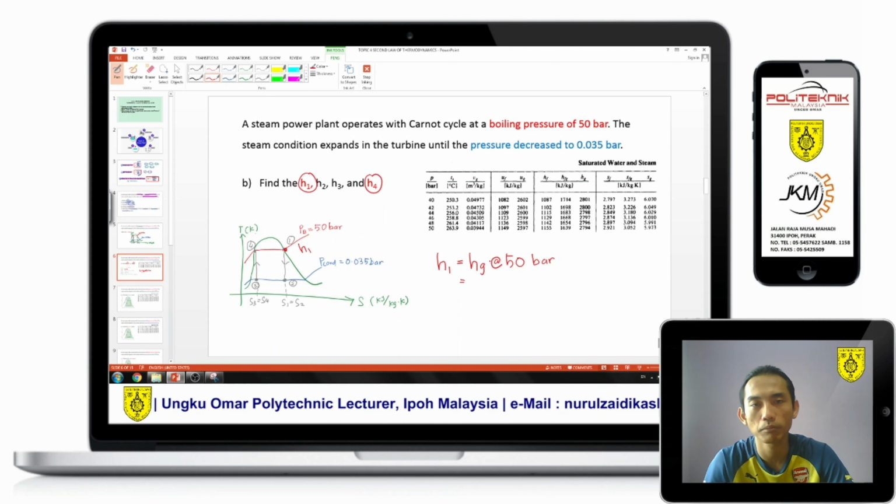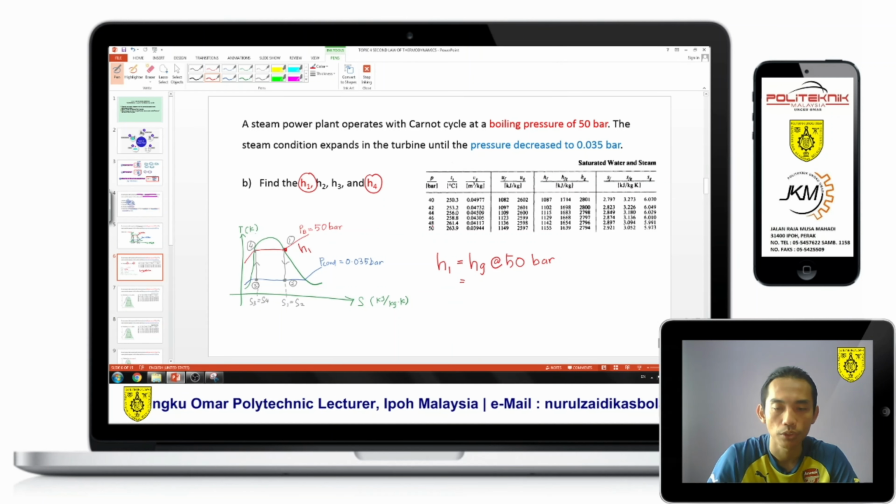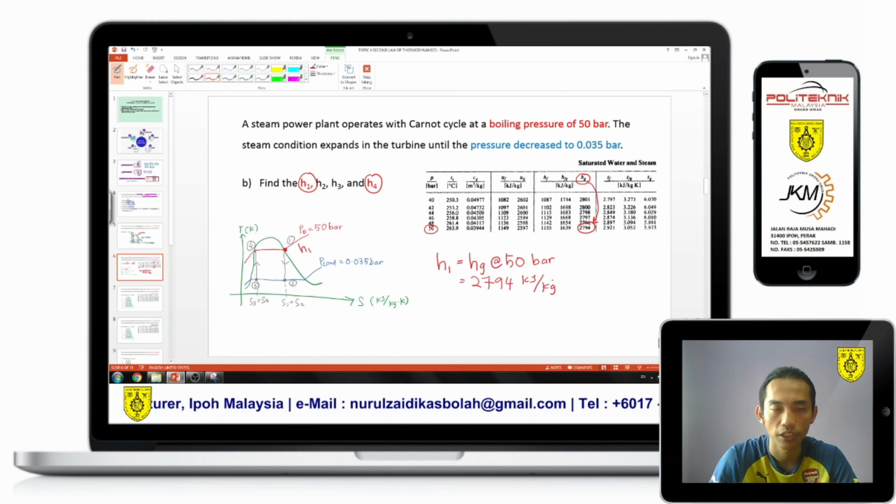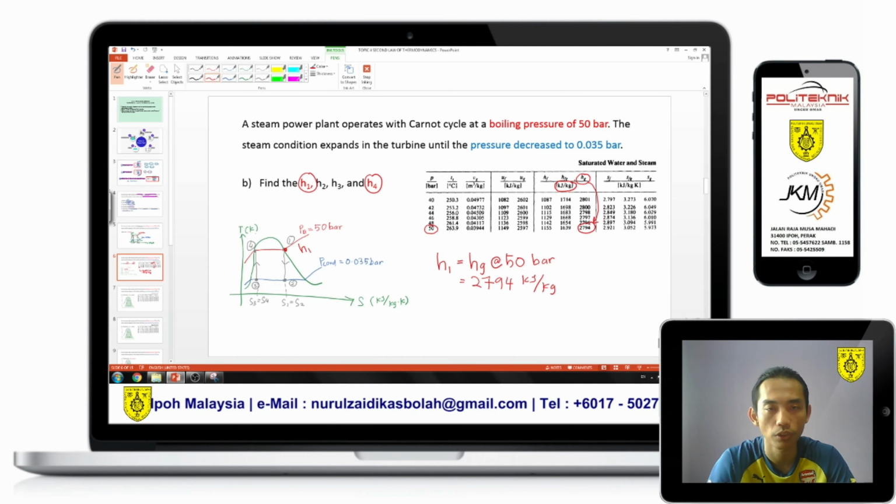By referring to the steam table, it shows that at 50 bar the value for Hg equals 2794. So H1 is 2794 kilojoule per kg. The unit for enthalpy is kilojoule per kg.